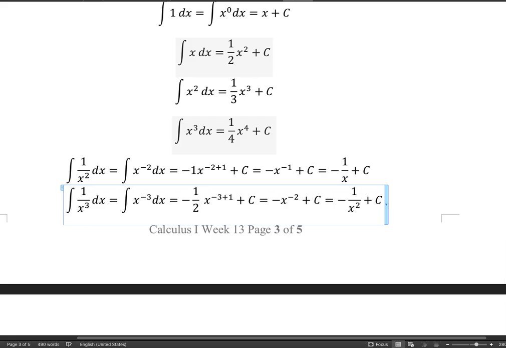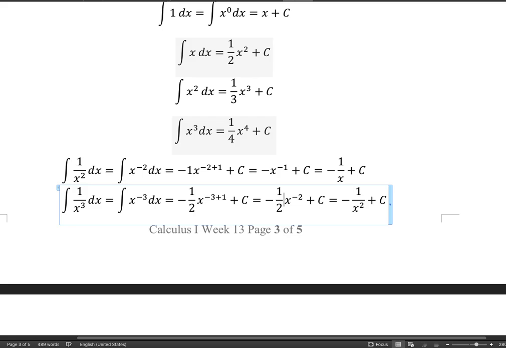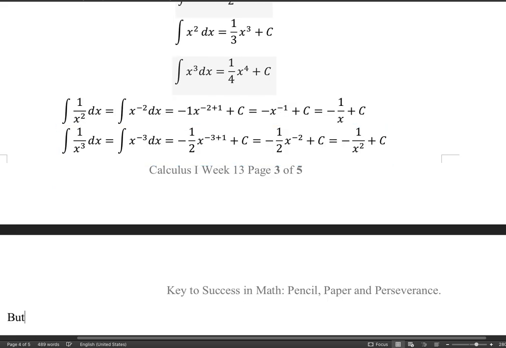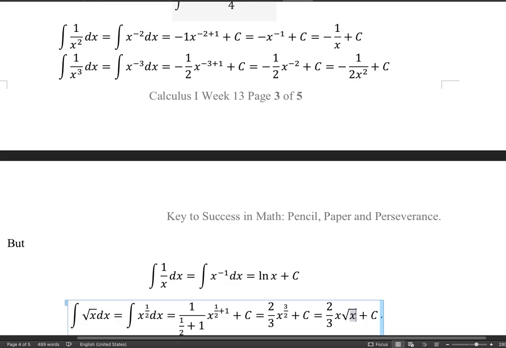Yeah, negative 1 over 2. And then also we need to have this negative 1 over 2. And in the end, we still have this 2 in the denominator. That's the anti-differentiation power rule.